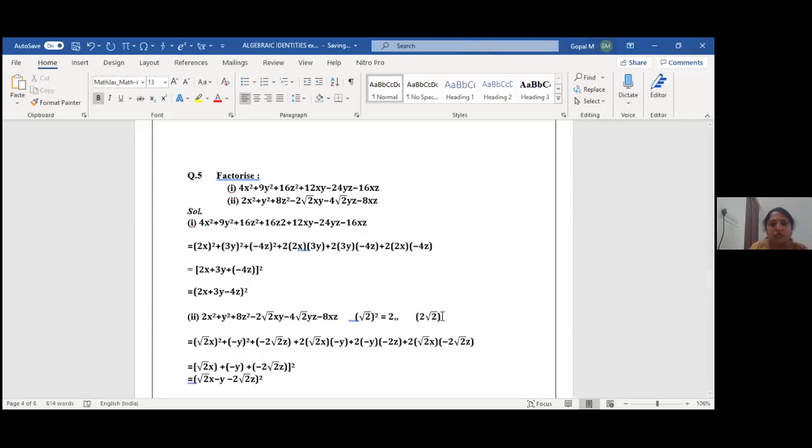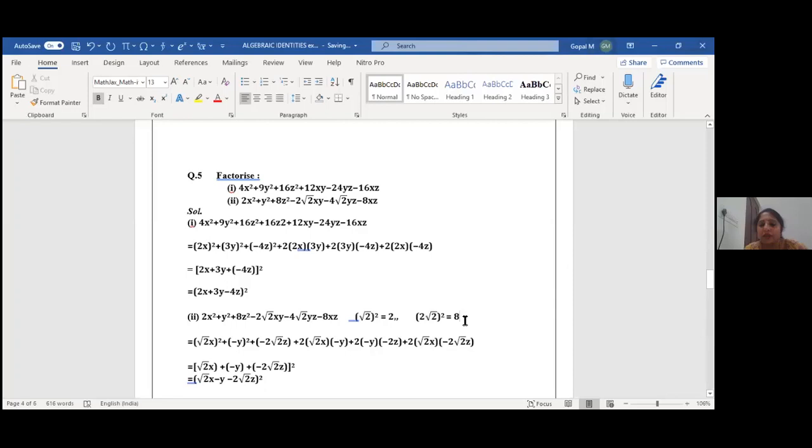What is 2 root 2 whole square, children? 8. Here you see, 2 square is 4 and root 2 whole square is 2. 4 2s are 8.